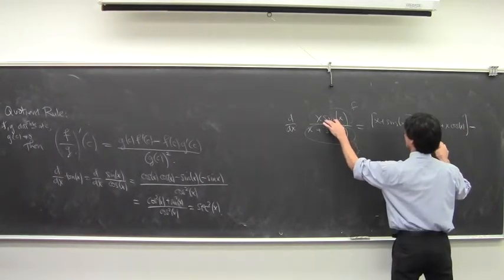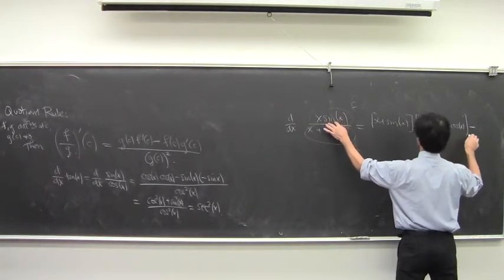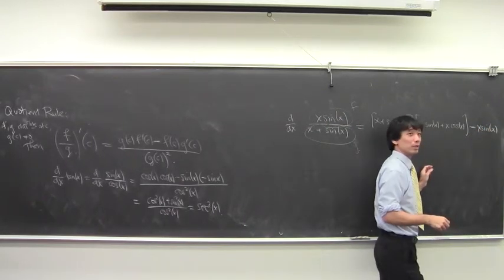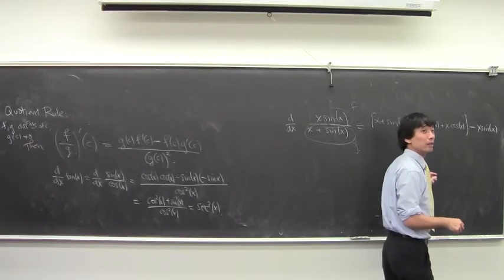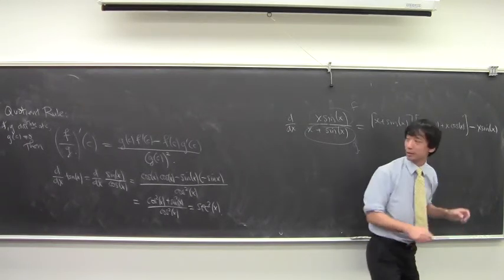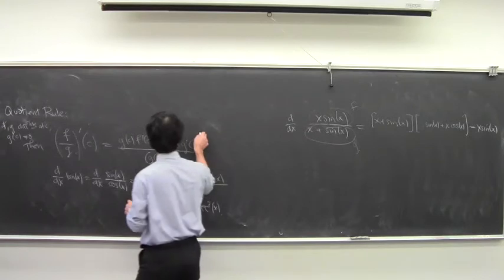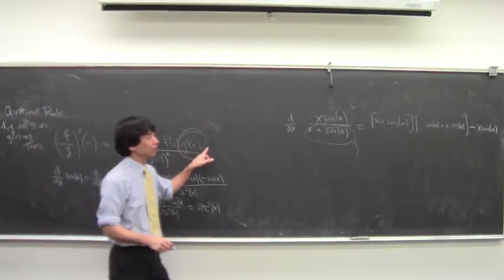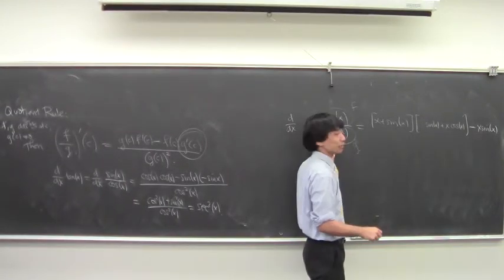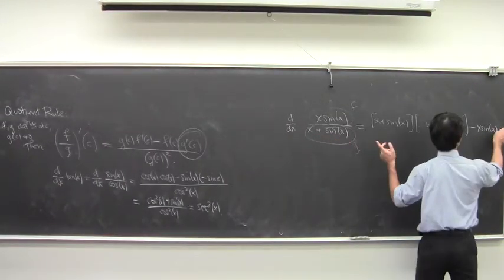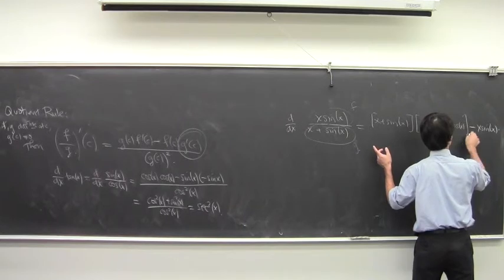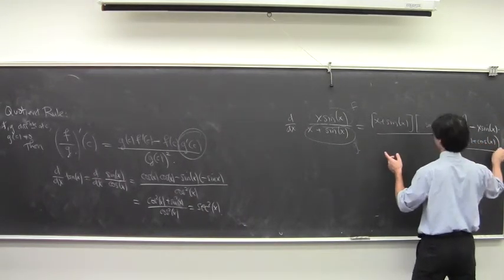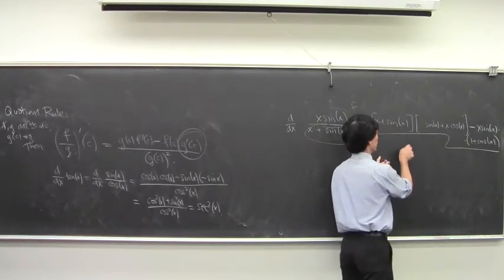The bottom times the derivative of the top, minus the top times the derivative of the bottom guy. Well, what's the derivative? 1 plus cosine. This thing times 1 plus cosine, all over x plus sin x squared.